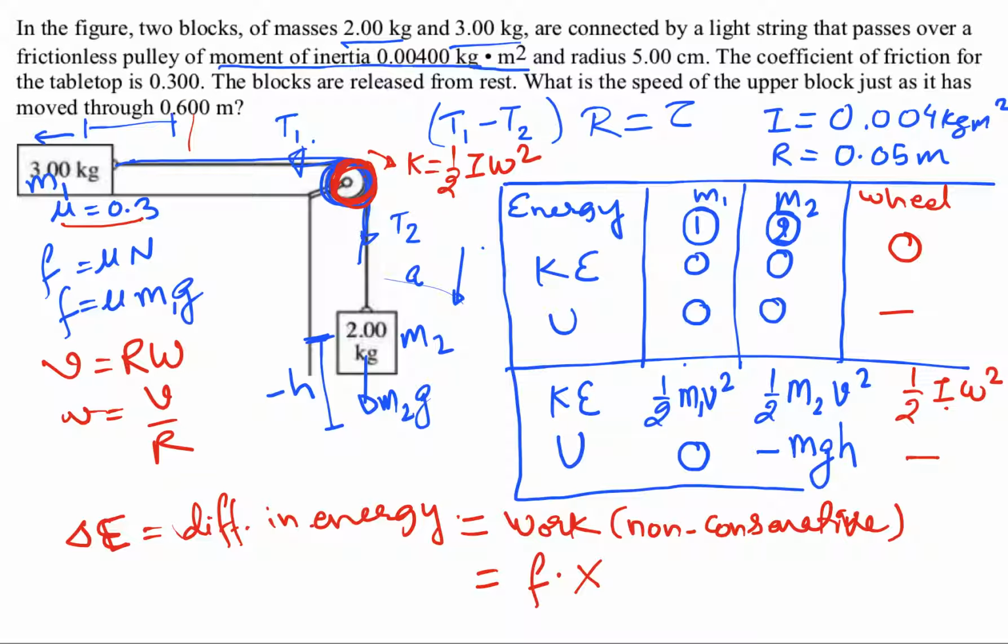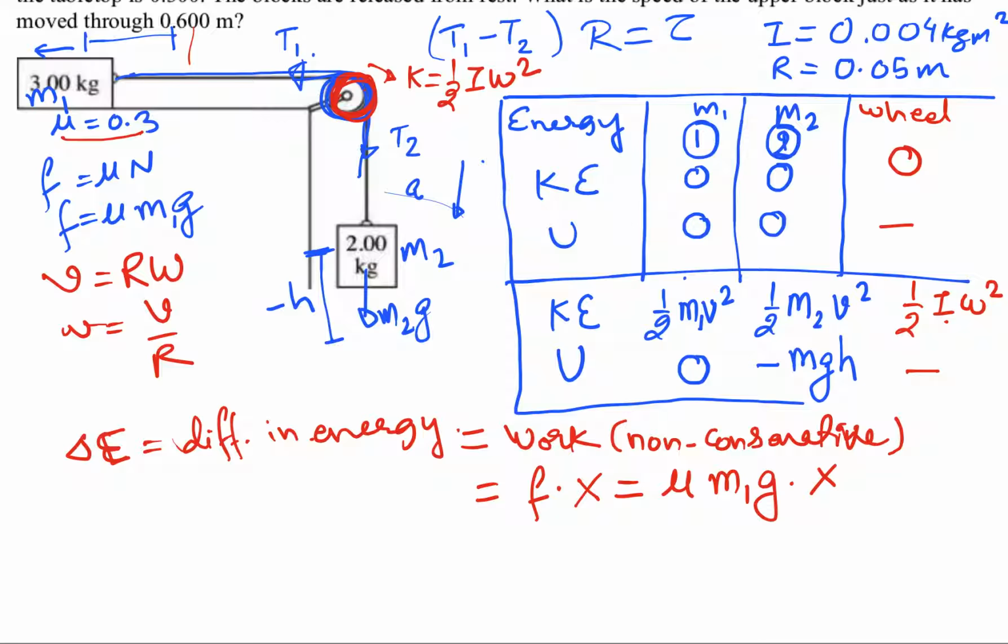Yes. So the force is mu, dragging the first mass, m1 g, times the distance x. So this is the work done by the non-conservative frictional force, and it's basically going to be compensated by the change in the energy.